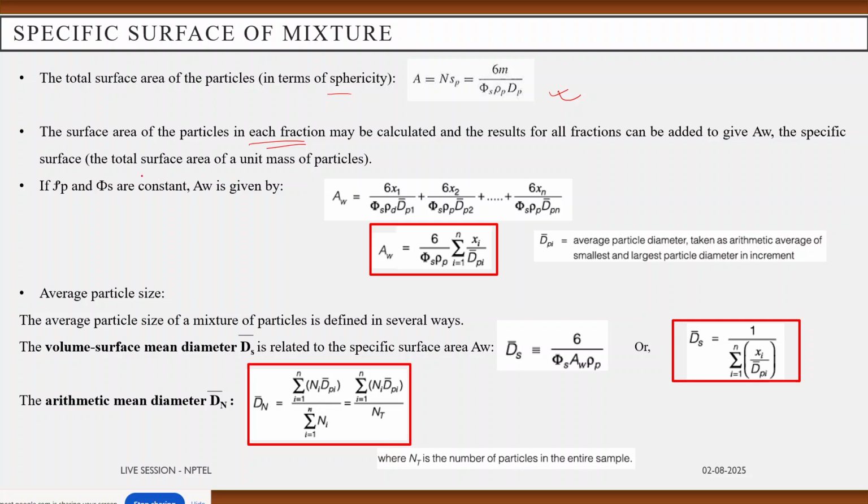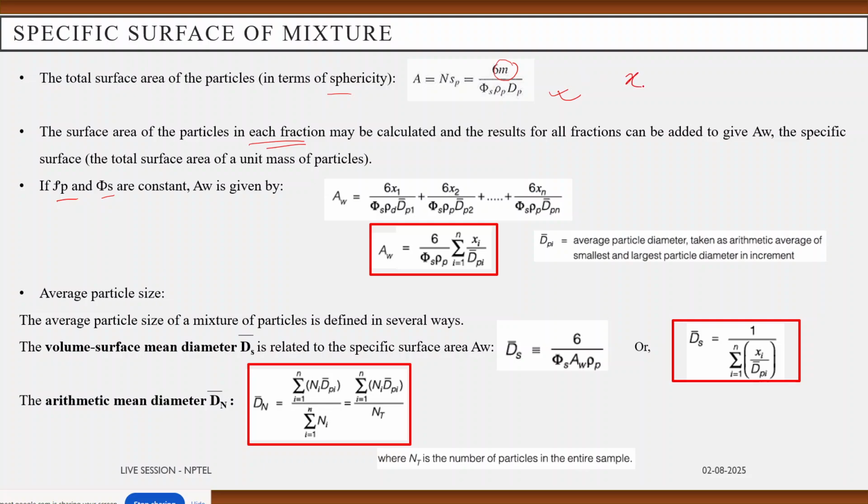So in the whole system, if the density and the sphericity remain the same and we assume them to be constant, then we can calculate Aw, which is known as the specific surface of the mixture. In each fraction it will be the same, where m represents the total mass.